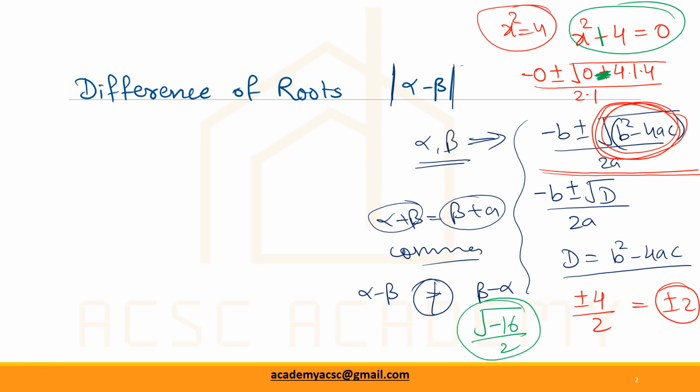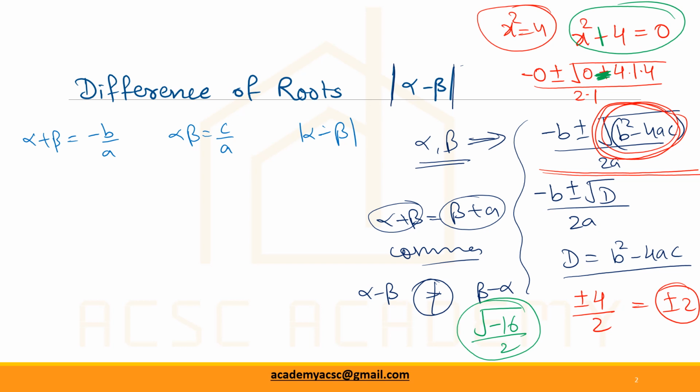Alright, so let us start with what we already have. Sum of roots as minus b by a, product is c by a. And what do we want to find out? The difference. So for this, we need to find the relation between alpha plus beta, alpha minus beta and alpha beta. So can you think of any such expression where all three of them can come together?